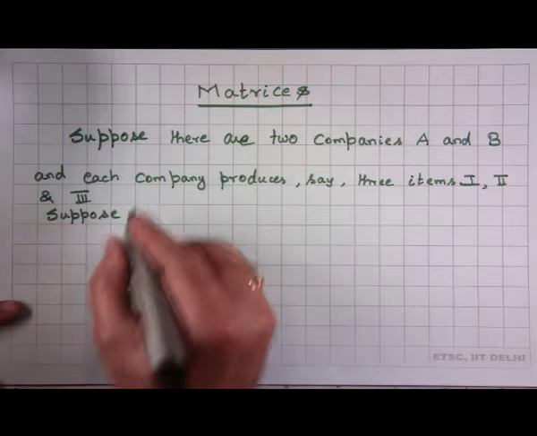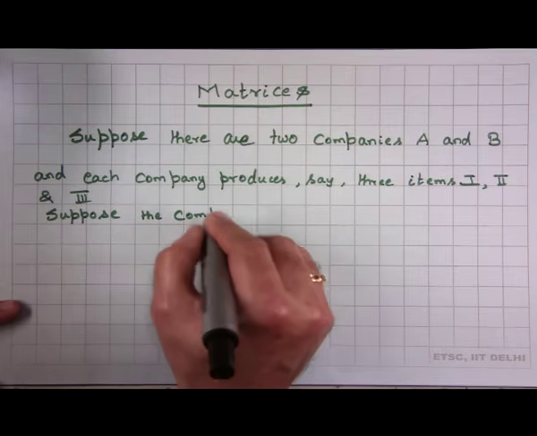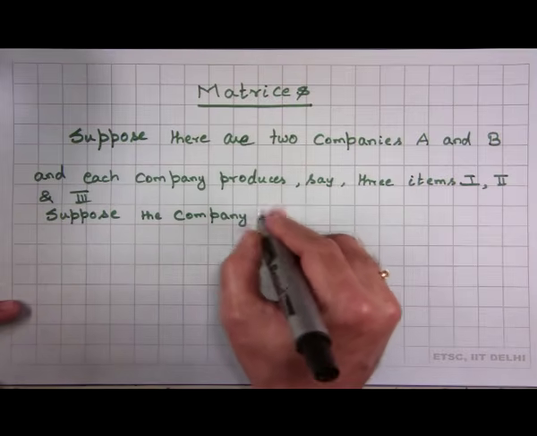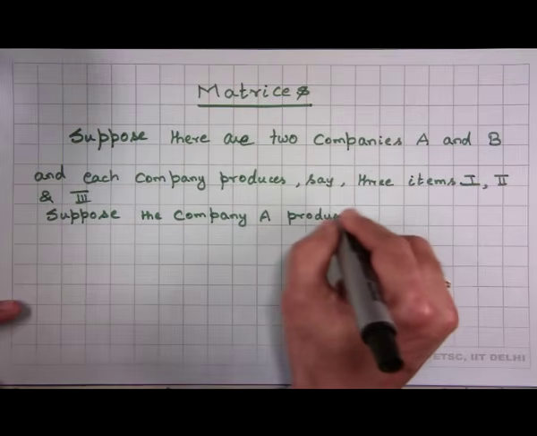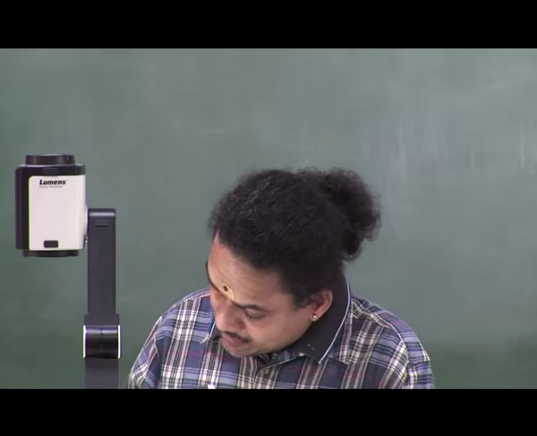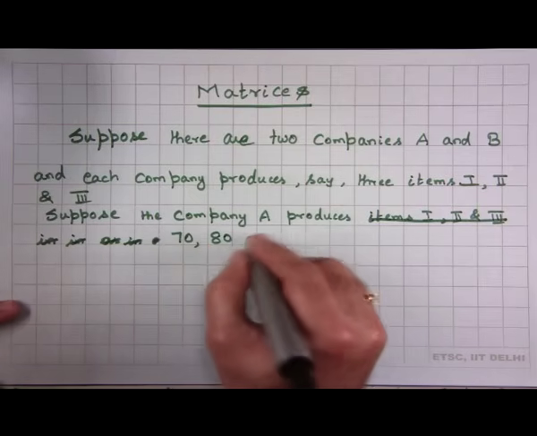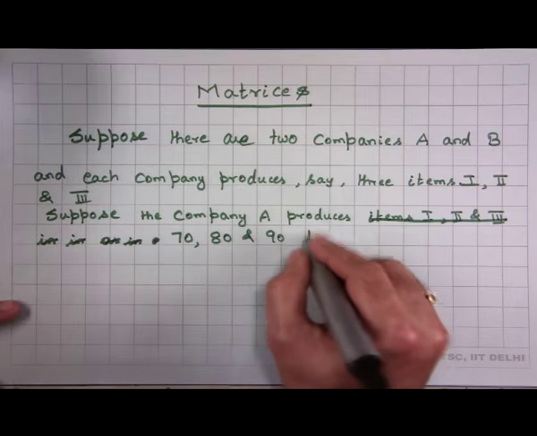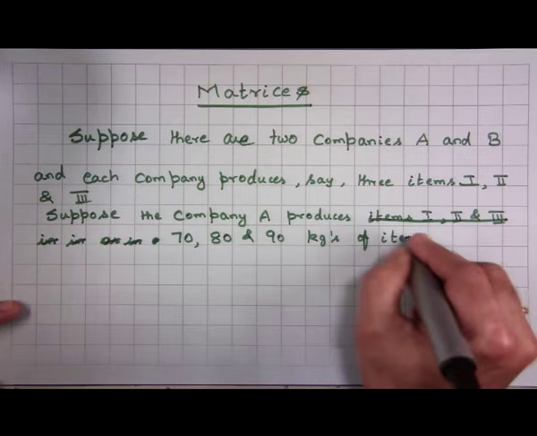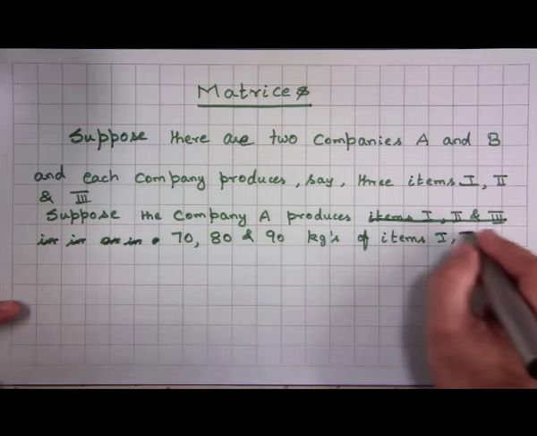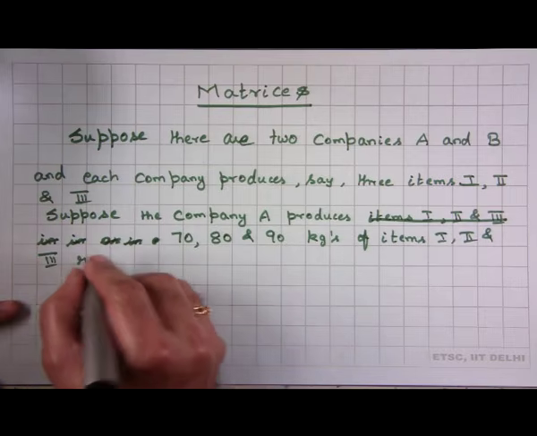Suppose the company A produces 70, 80 and 90 kgs of items 1, 2 and 3 respectively.